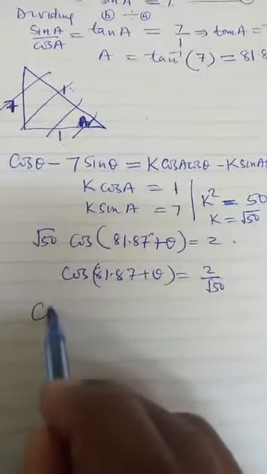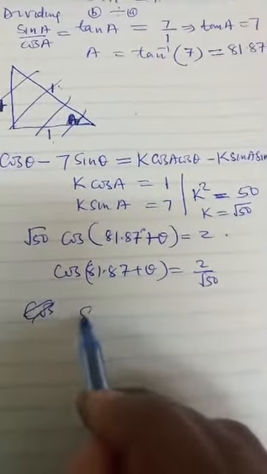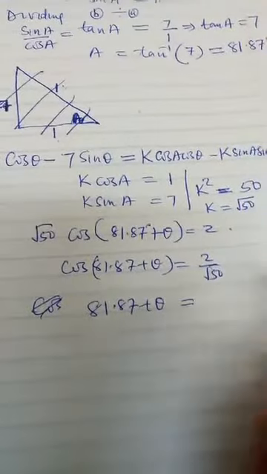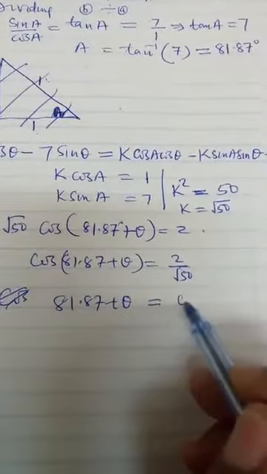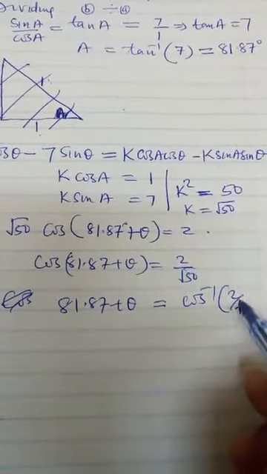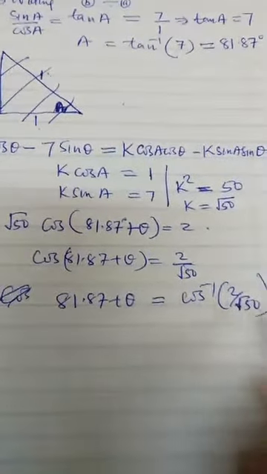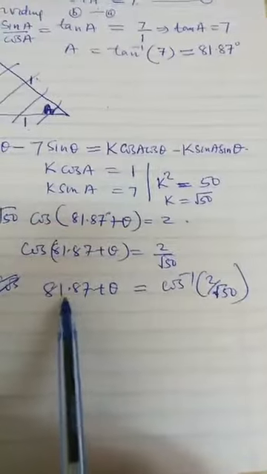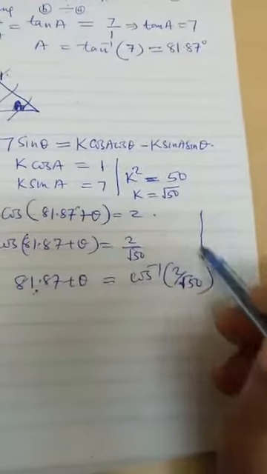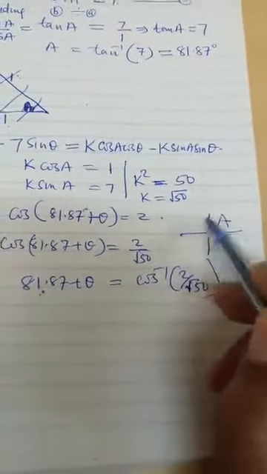And the cos, therefore 81.87 plus theta, should be equivalent to the arc cos or cos inverse of 2 out of root 50. Because this angle is very big, we are going to look for very many angles because of our range.